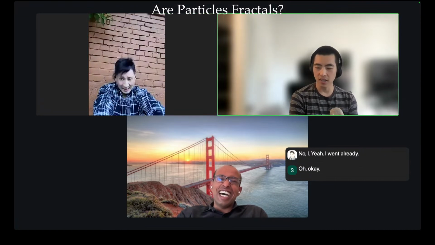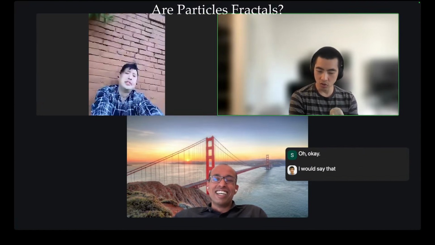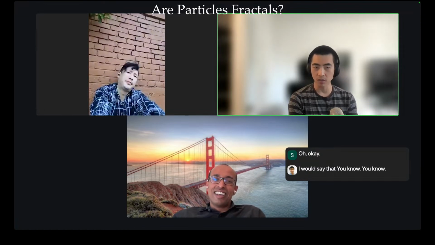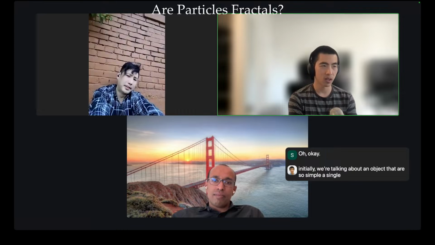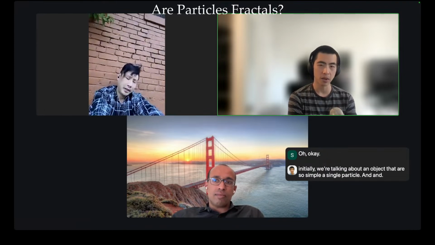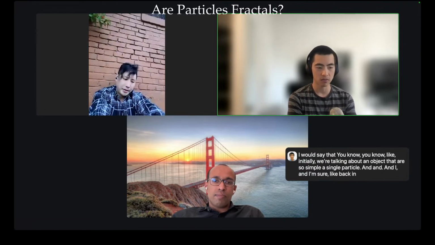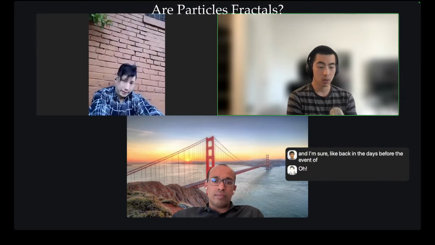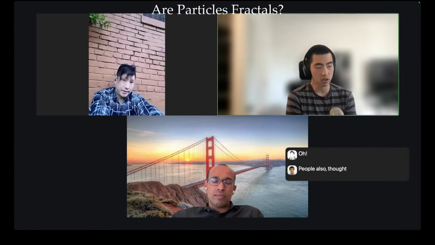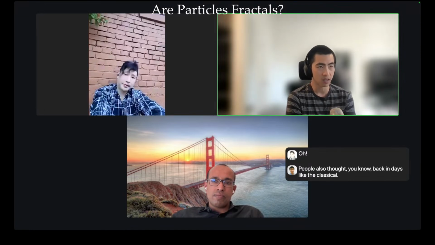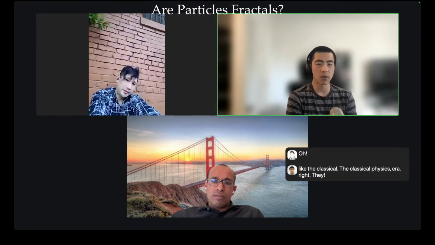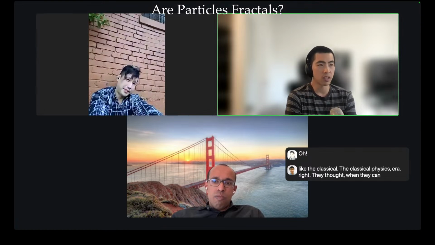I would say that initially we're talking about an object that is so simple, a single particle. Back in the days before quantum physics and relativity, in the classical physics era, people like Poincaré thought that when they could calculate the movement of particles, that was all there is to physics.